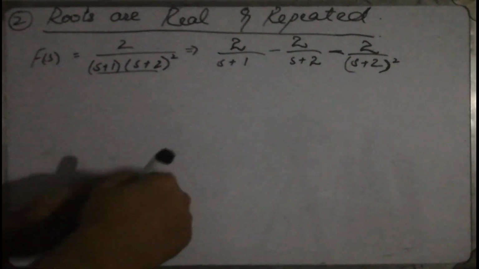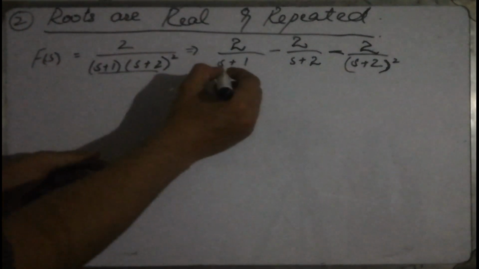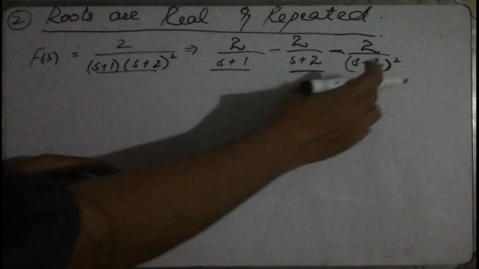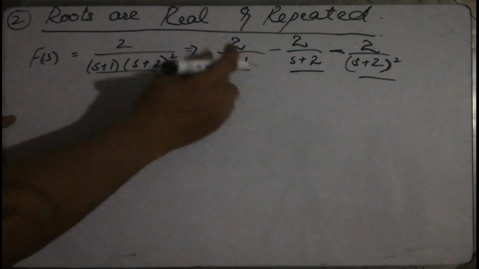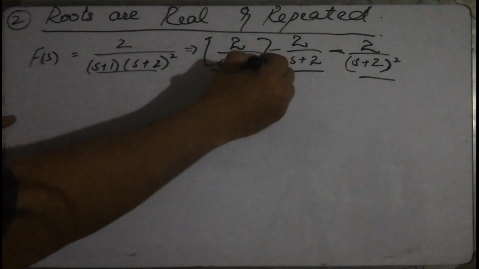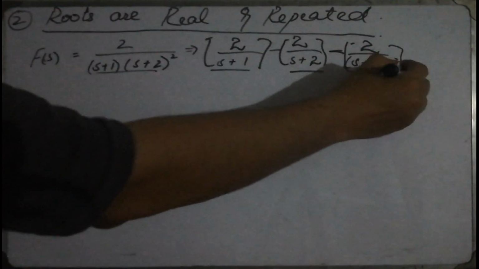After we have converted this function into its partial fractions, then we have to look for each one of them in table number 2.1, right? And we will try to find its Laplace inverse. Okay, so let's do that.